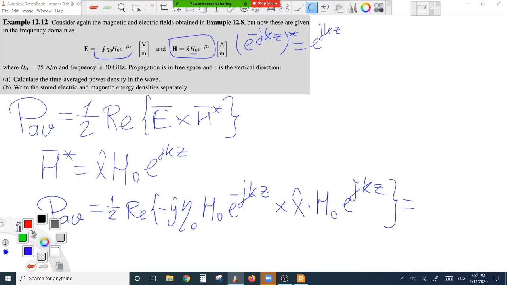Equals. So e to the power of jkz, one of them is minus, another is plus, simplifies.